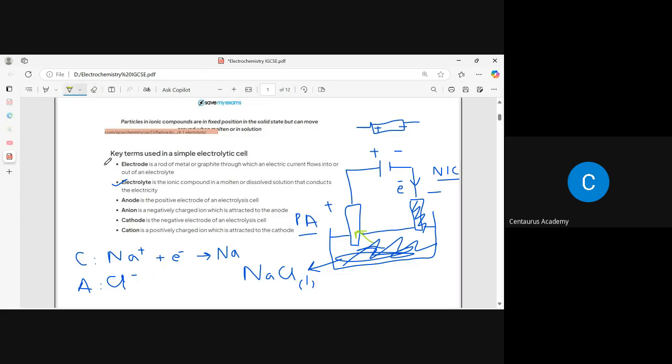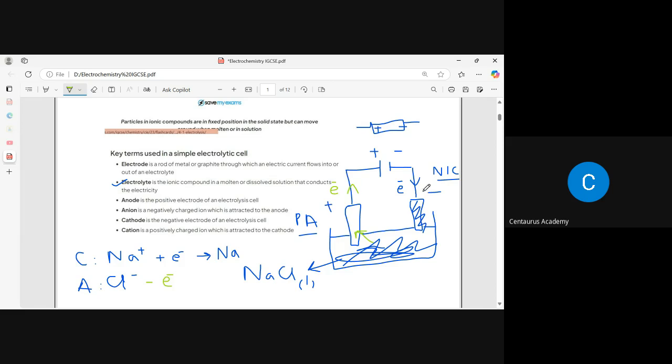One. So they are going to lose that one electron, give away that one electron. So the electron flow tends to be outgoing from the anode and incoming from the negative terminal towards the cathode. So it's always towards the cathode and away from the anode.